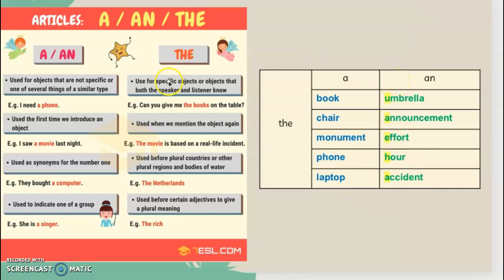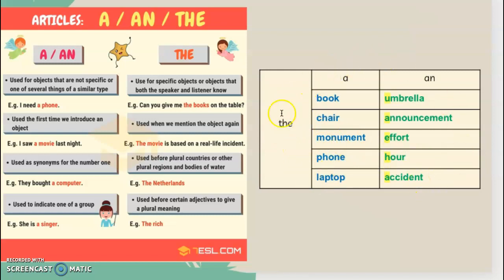If you look at the table here, you can see that for both a and an, we can also use the: the book, the umbrella, the chair, the announcement, the monument, the effort, the phone, the hour, the laptop, and the accident.